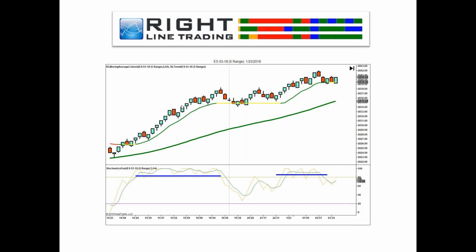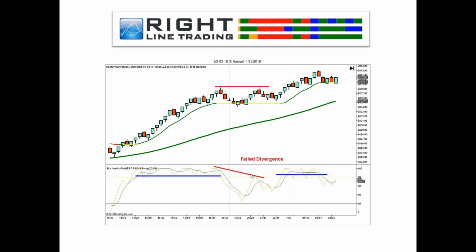In addition, stochastic divergence fails a lot. And here's equal highs, and here's stochastic divergence showing a lower high. It's actually the same chart I showed you before for MACD divergence. Both MACD divergence and stochastic divergence fail. But stochastic divergence has a little more predictive power.